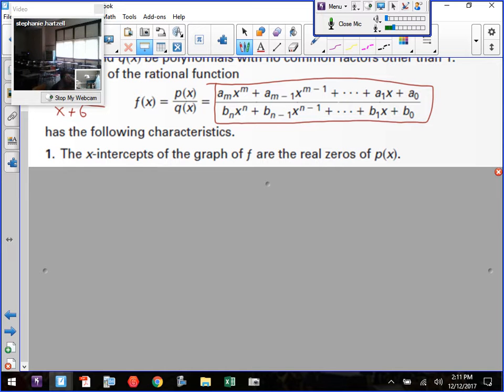First thing: not zeros, I'm sorry, x-intercepts. Excuse me, I wrote that real quick. Your x-intercepts are at the zeros of the numerator.